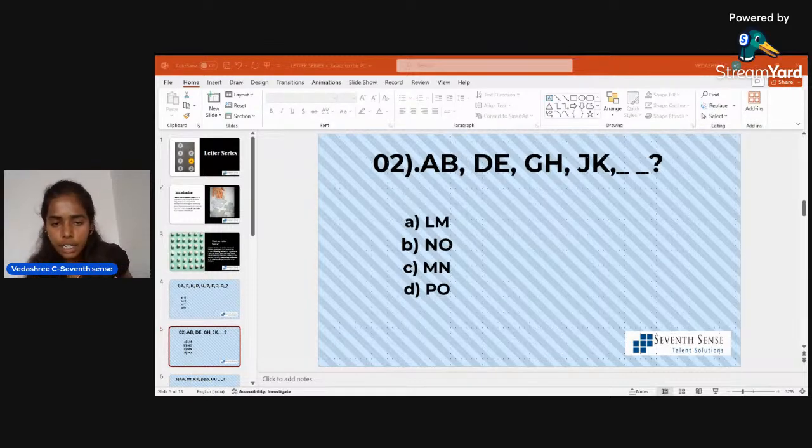So here in the last, JK. If we add plus 2 for J, then it will be M. That is J, K, L and M. Next K. If we add 2 for this, K, L, M and N. Difference between one number.